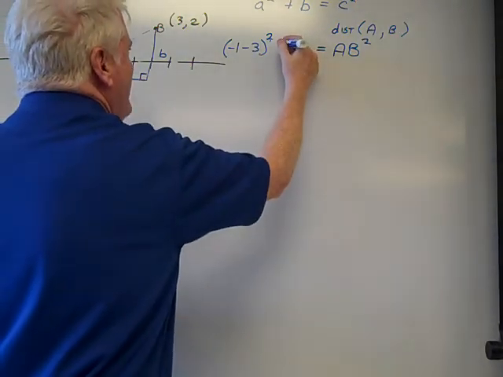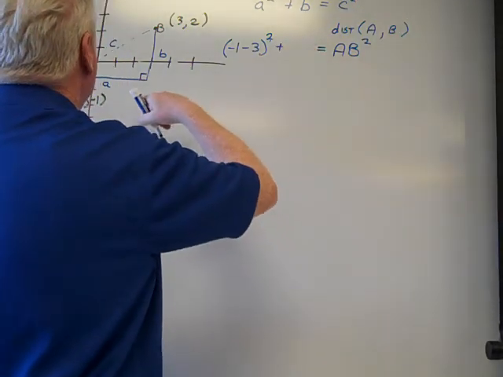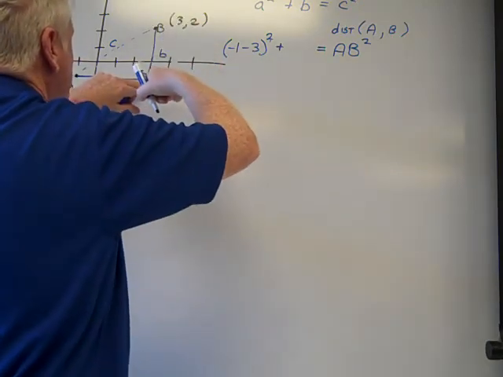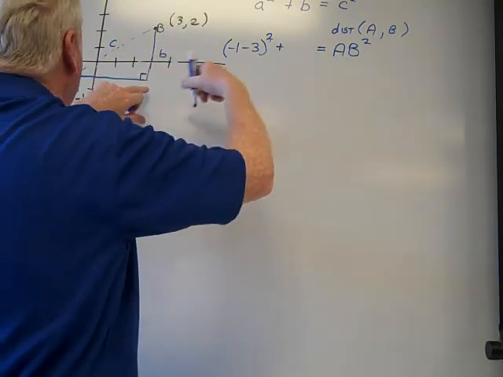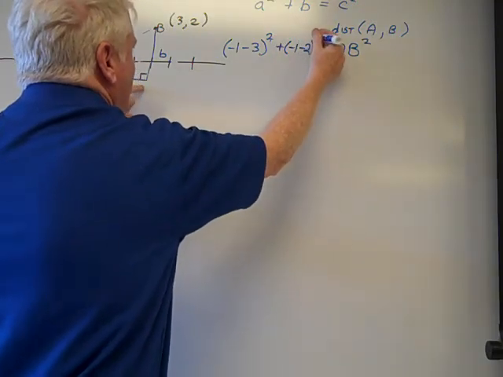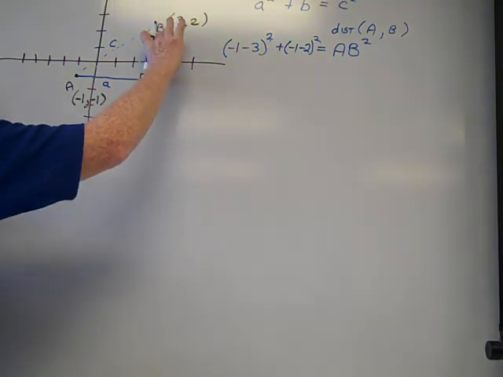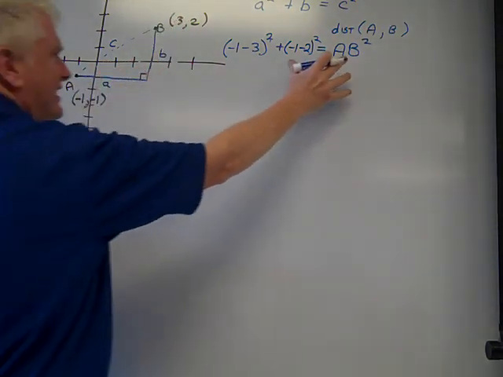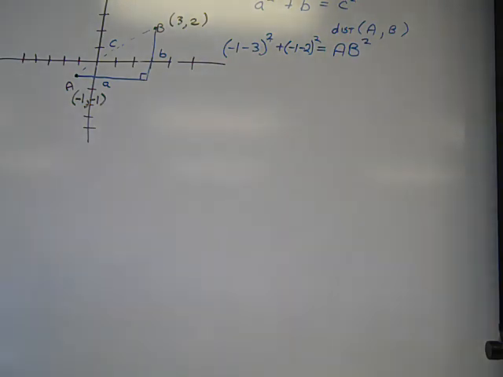Okay? And then we add to it, well, the difference in y's is this length b. So we've got -1 minus 2, again, squared. This length squared, this length squared equals the hypotenuse squared.